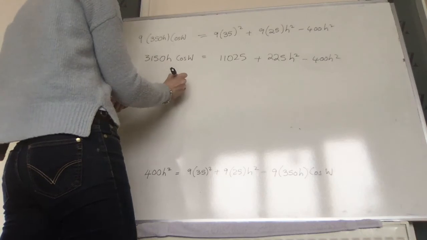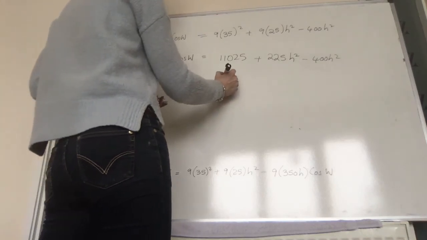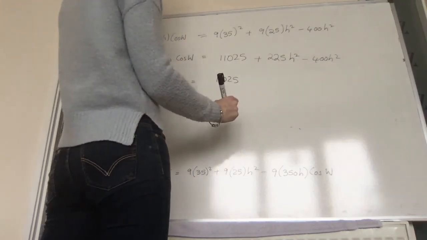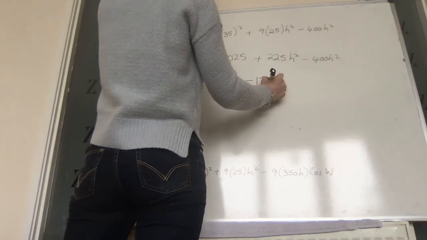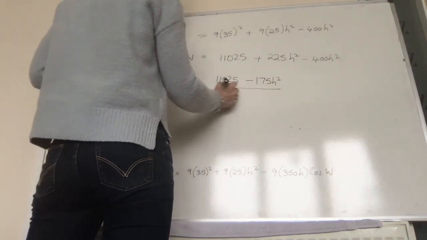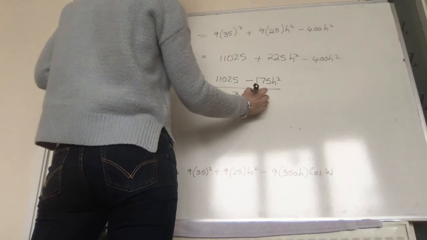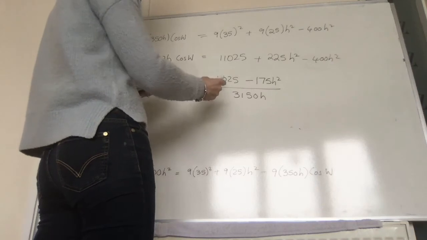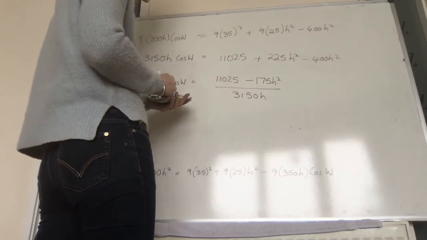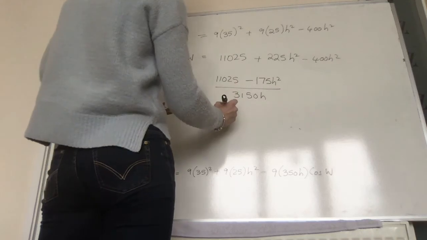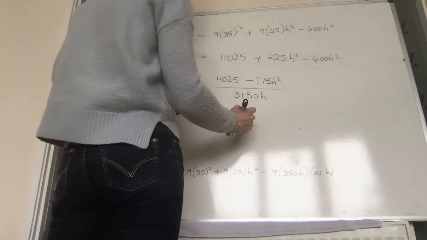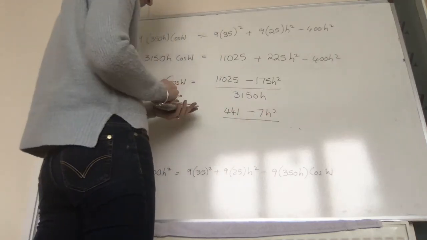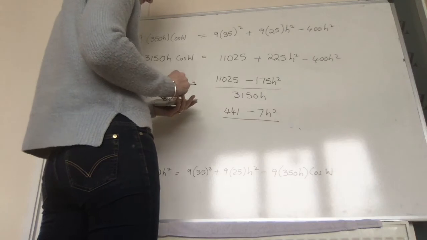Cosine W is equal to 11025. Now we have a plus 225 and a minus 400, so that is minus 175 h squared over 3150 h. Well, we can certainly divide, I would say, by 25. So 11025 divided by 25 is 441 minus 7 h squared over, and 3150 divided by 25 is 126.